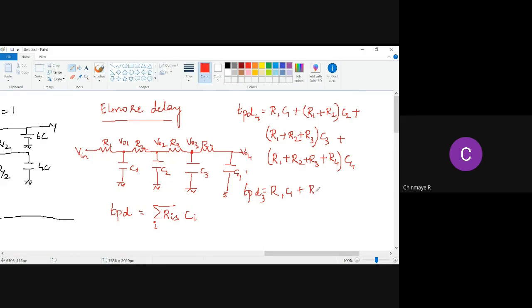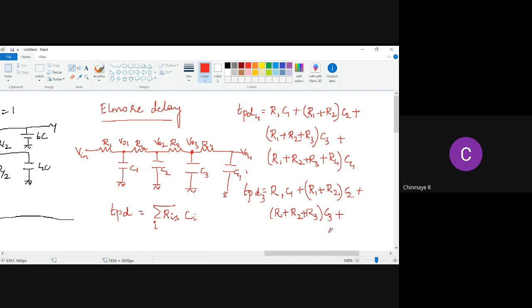Therefore, we'll have R1 plus R2 into C2 plus, for C3, R1, R2, R3 is in the path from Vin to V03. Therefore, we'll have R1 plus R2 plus R3 into C3 plus, now there's a difference, right?